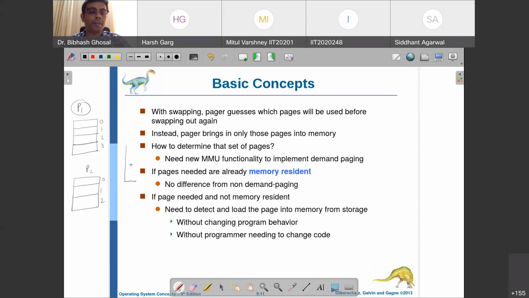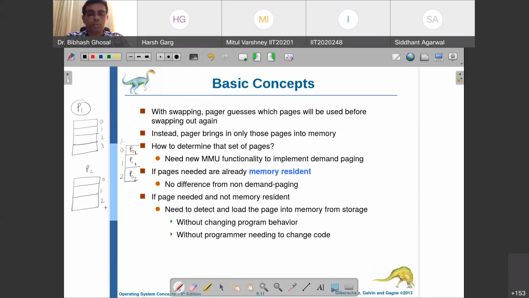I have a physical memory that contains only 3 frames: frame number 0, frame number 1, frame number 2. The question is, who will reside in these 3 frames? Well, I say page number 0 of process number 1, page number 1 of process number 1, page number 0 of process number 2. This is how I have placed those pages.